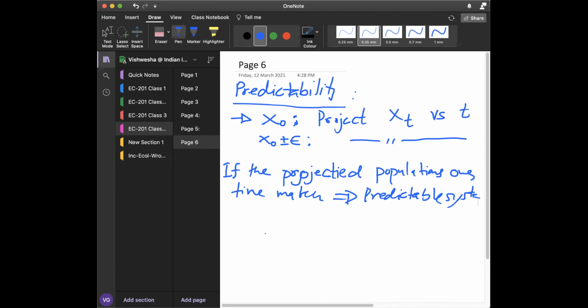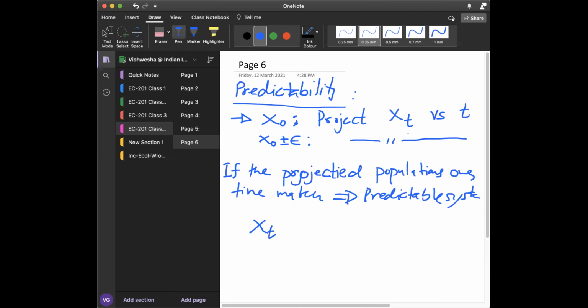We can actually make a more specific definition, which is, let's say with x0 I make a projection for time t, which is xt.